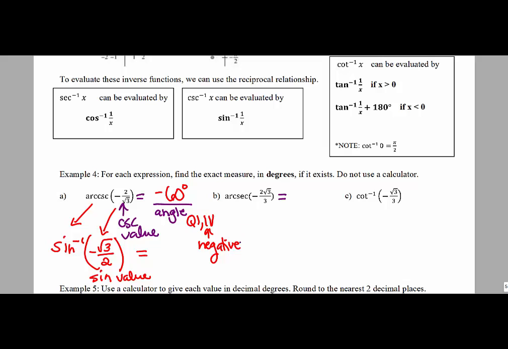Okay, for part B, we're looking for the arc secant of negative 2 times the square root of 3 divided by 3.